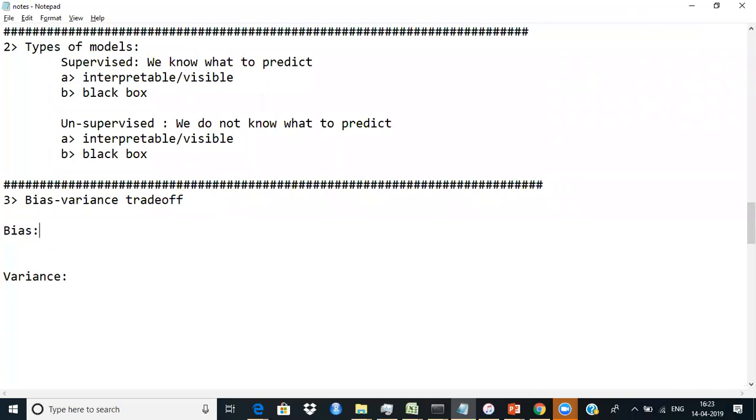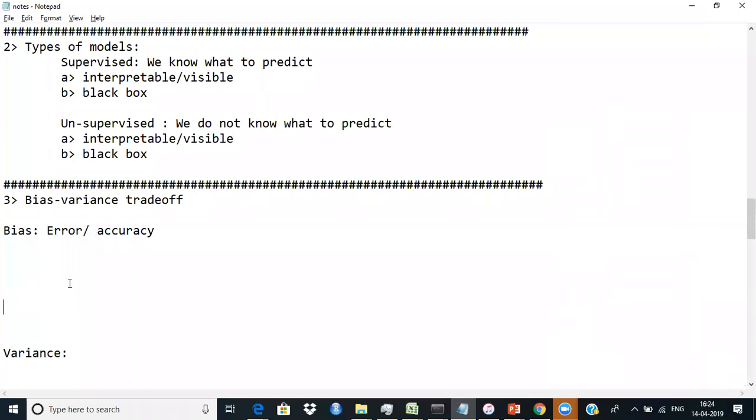Bias is another English word to basically talk about error, or in other words accuracy. But it's basically an antonym for accuracy. It's the opposite of accuracy.